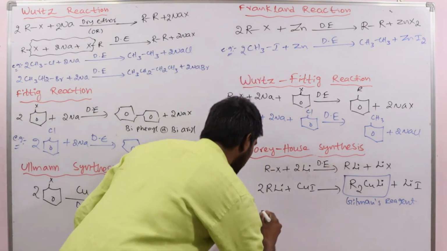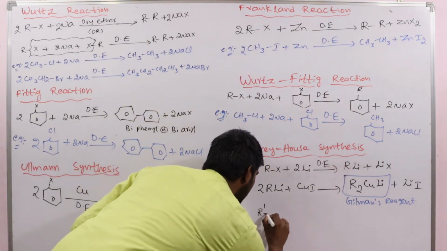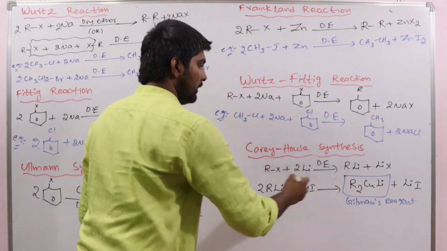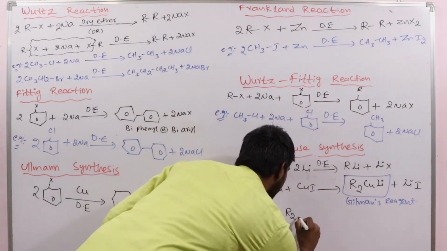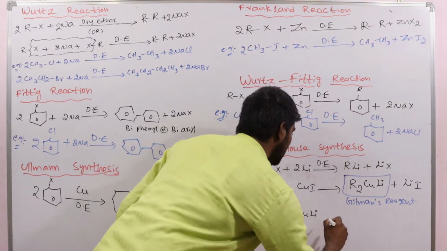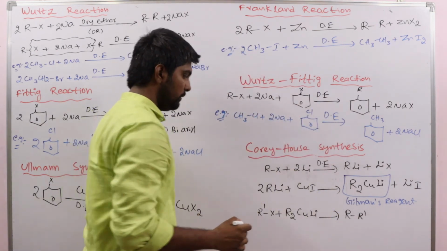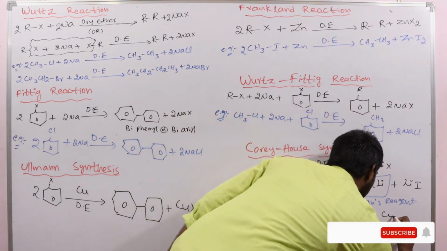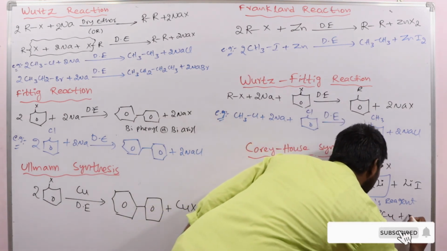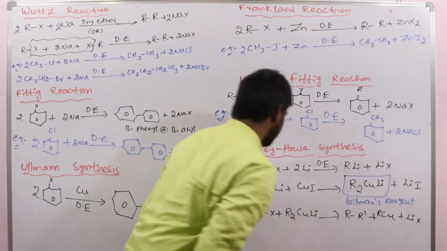Okay, in the next stage we have another alkyl halide, R dash X, that reacts with the Gilman's reagent R2CuLi. So here we get R-R dash plus RCu plus LiX.